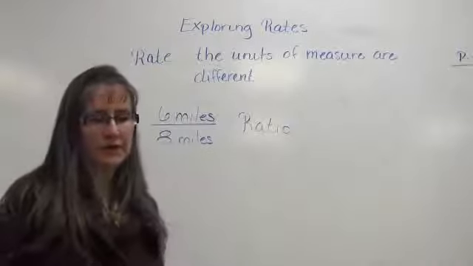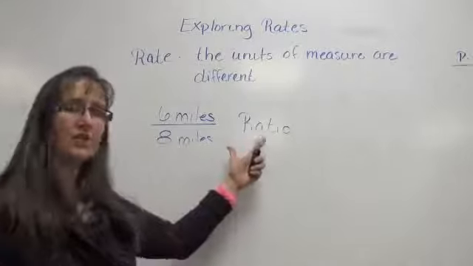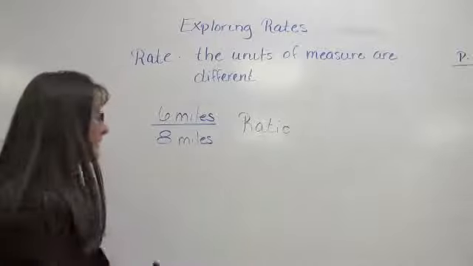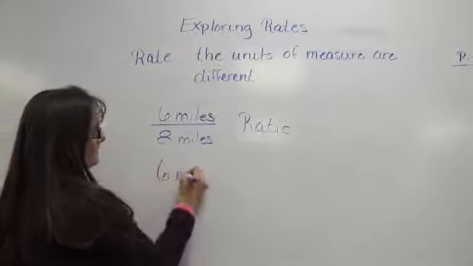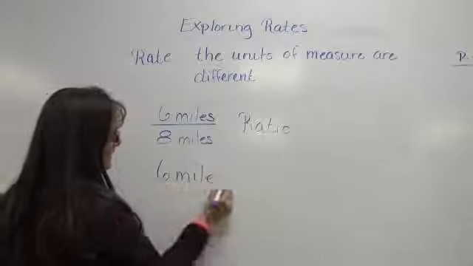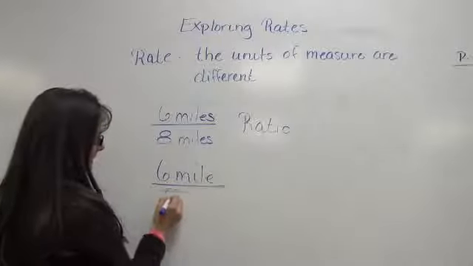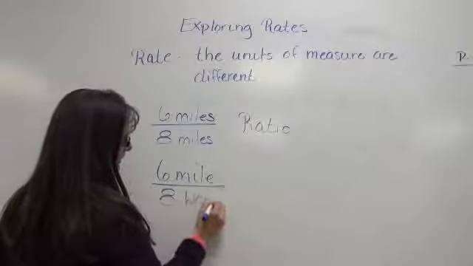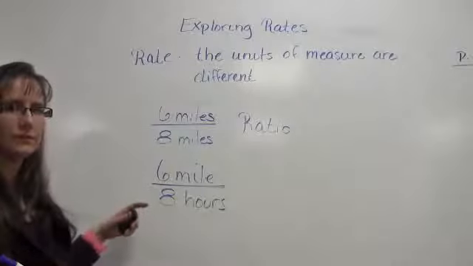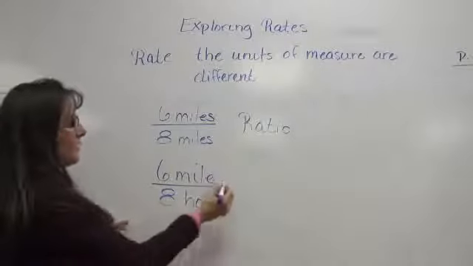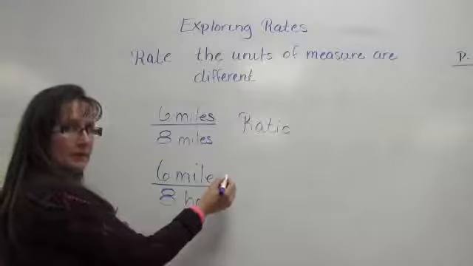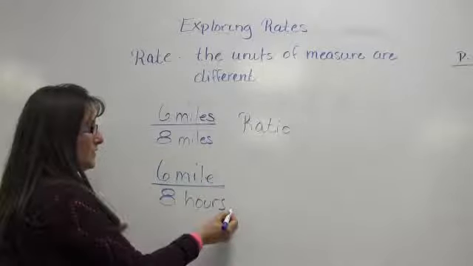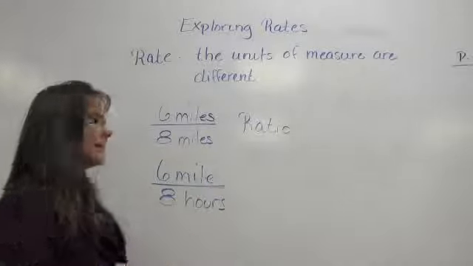How can I go about turning that ratio into a rate? If I made it 6 miles in 8 hours, 6 miles to 8 hours. Now you'll notice that my unit on top is miles and my unit on bottom is hours.